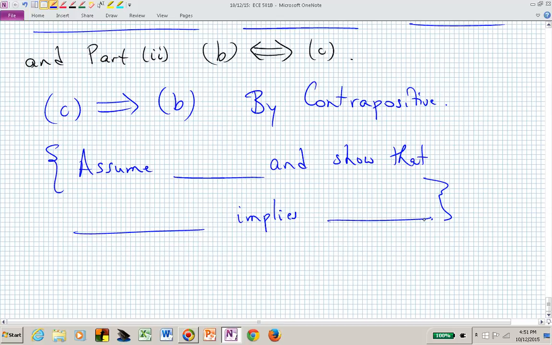So now I'm basically starting at what I'm trying to end up with, and I'm saying assume the negative of that, or say not B, and show that that statement, not B, implies not C. If I can show that, then I've shown that C implies B by a contrapositive proof.